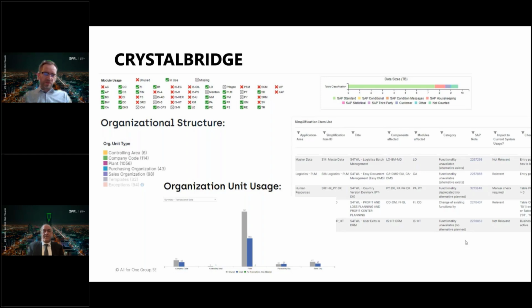And those reports also support us in the area that, let's say, we split those simplification items which are required and those which can be skipped or, let's say, additionally taken into account. And we use those simplification item lists to prepare the target system, which will be the new S4HANA system, depending on the HANA version that will be agreed within the project scope.